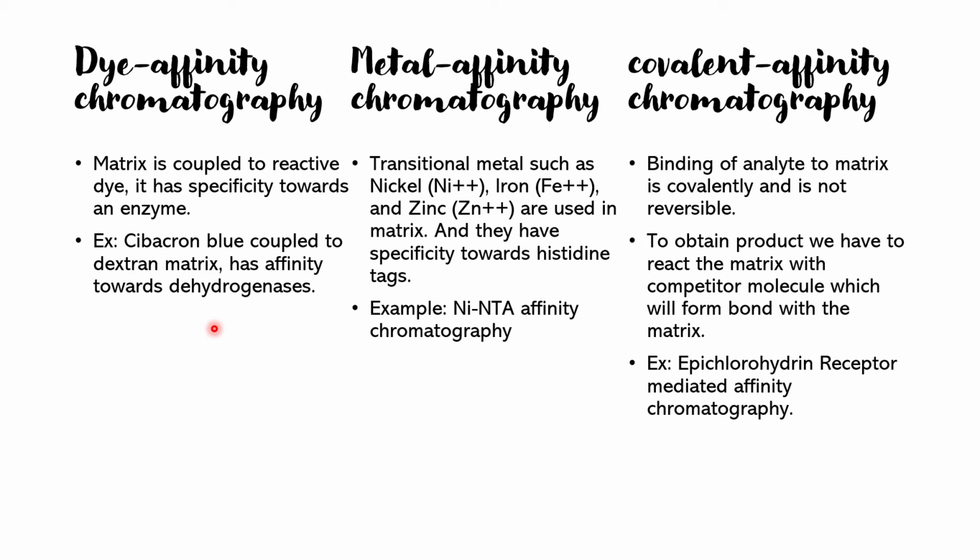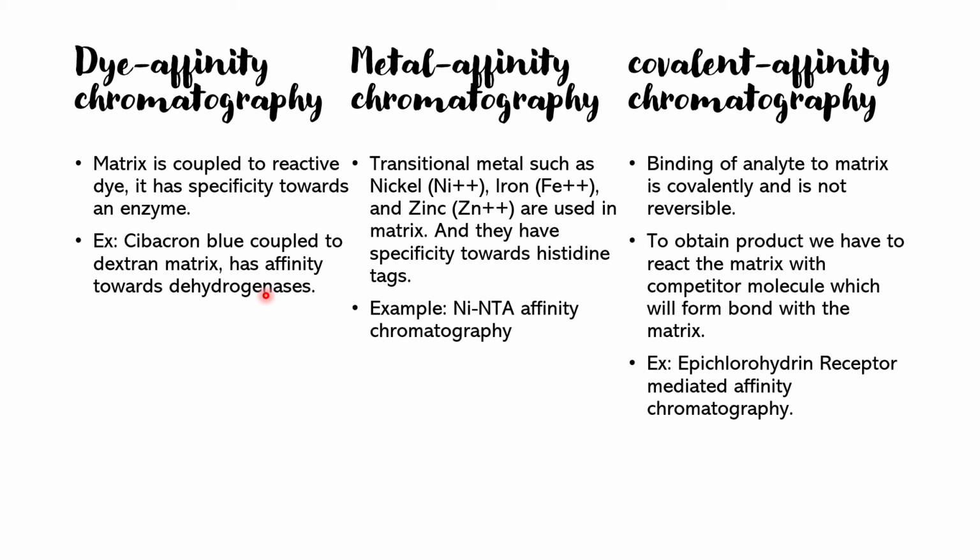Now coming to covalent affinity chromatography. Here the binding of an analyte to the matrix is covalent and not reversible. So the analyte will bind to the matrix and there will be a bond formation there, and that bond formation won't be reversible.